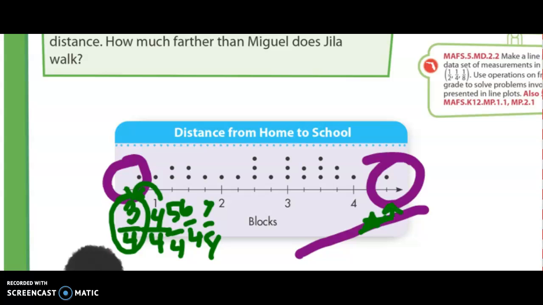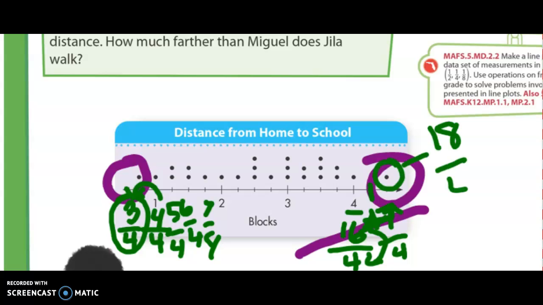Or I could tell myself, I know that 4 whole blocks is the same as having 16/4, since I know 16 divided by 4 is 4. That would make this next tick mark, that's kind of disappeared under my purple here, 17/4, which would make the tick mark where Jilla walks at 18/4.